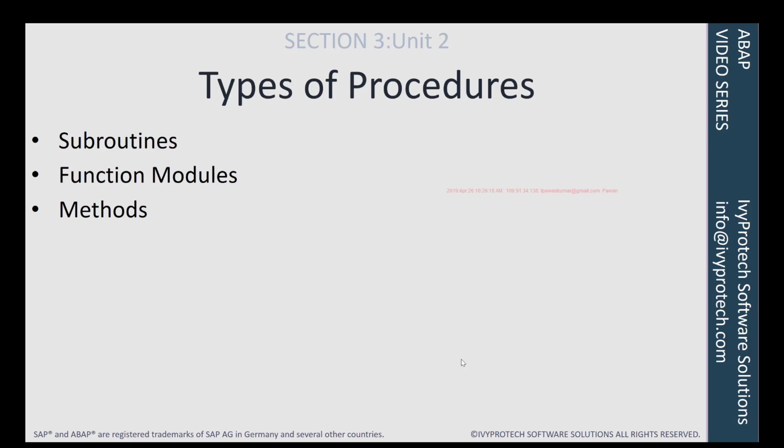The reason is, it is very difficult to search for subroutines. If you have created a subroutine in a program, there is no library which I can use to search for the existing subroutines. They are part of the program. They are hidden within a program. So unless I exactly know that a subroutine exists in a certain program, I won't know about its existence. So no point I create a subroutine and nobody else in my team knows about it, right?